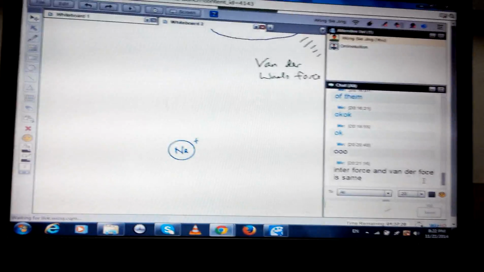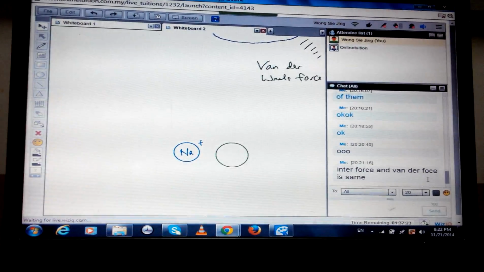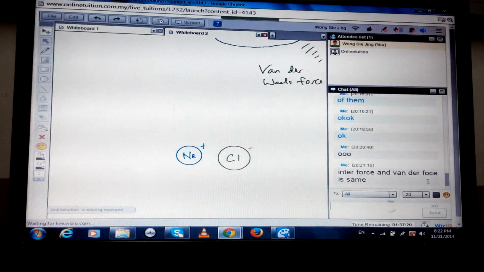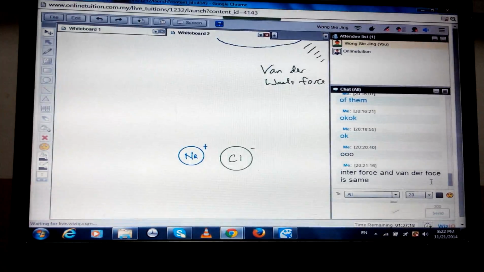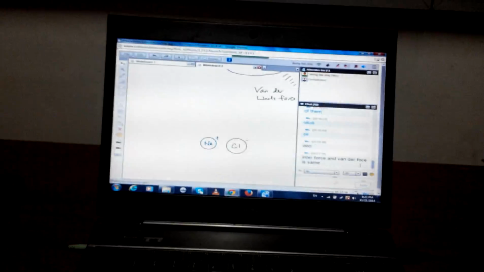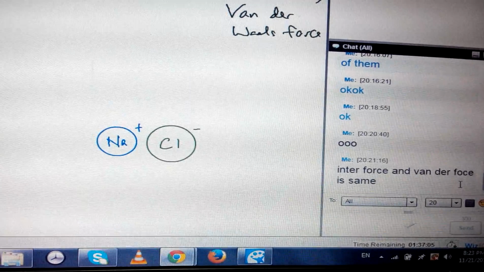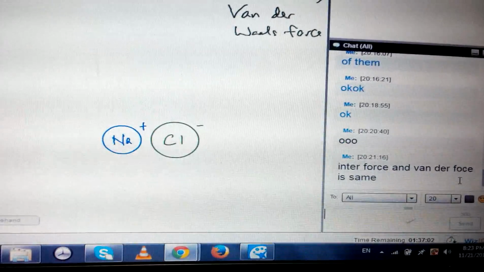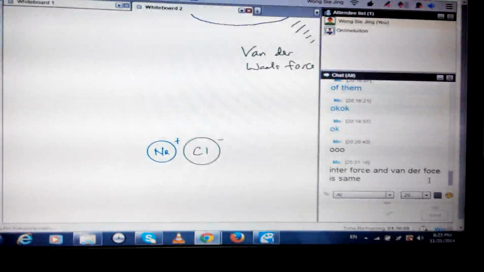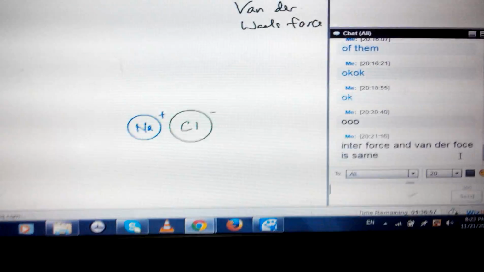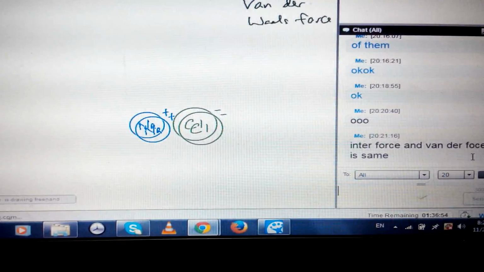Let me use another color for chloride. So let's duplicate this.